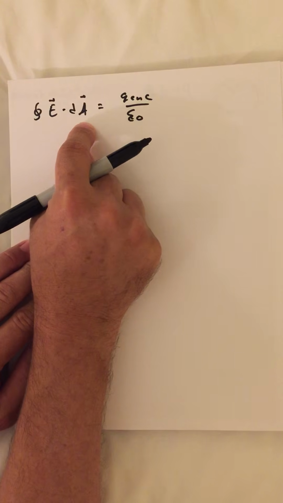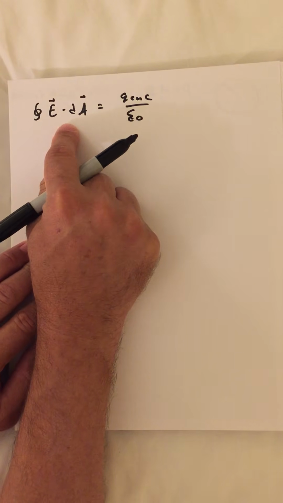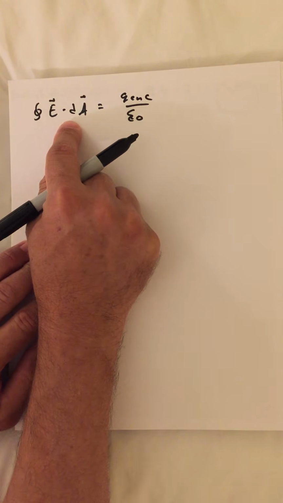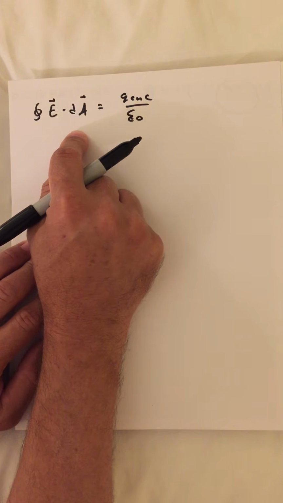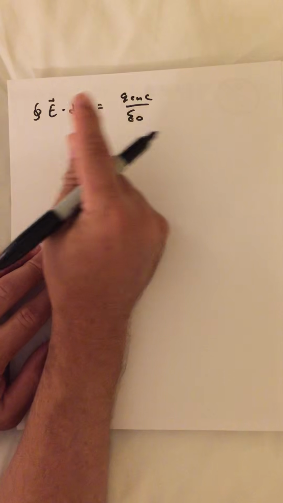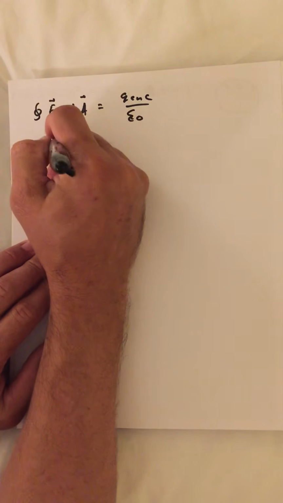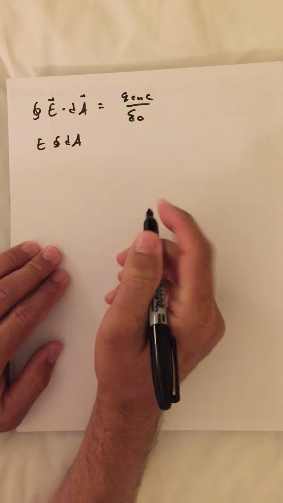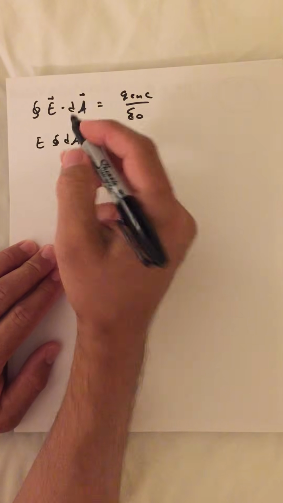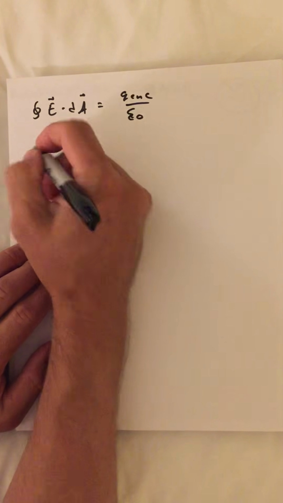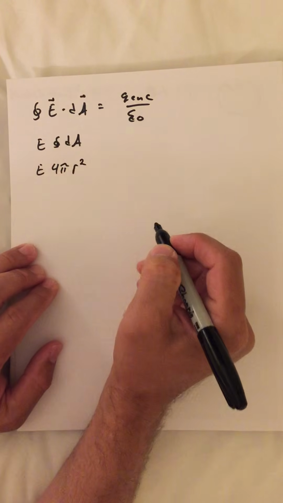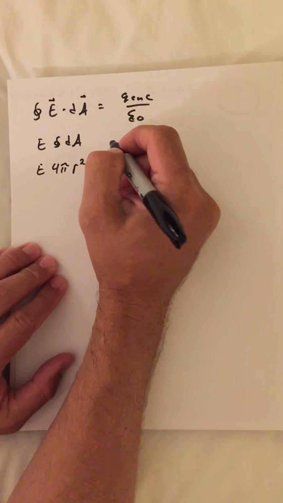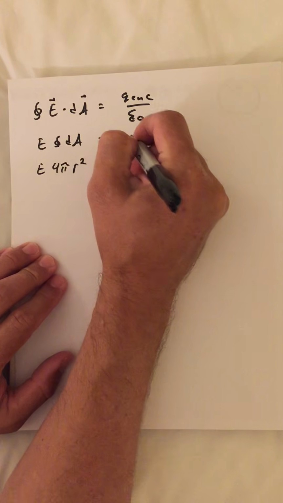E dot dA, everywhere E and dA are collinear, and so this dot product just becomes a simple E dA. E is a constant. I can pull it outside of the integral. Just leaves me with the evaluation of the area. I know the area of a sphere, it's 4 pi r squared, so I get E times 4 pi r squared on the left-hand side. So this should be equal to that.